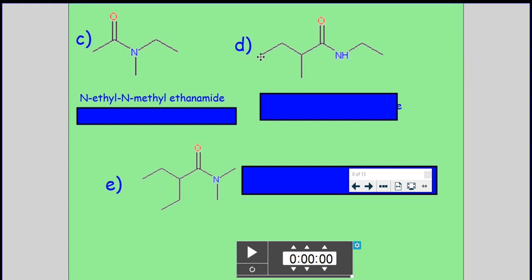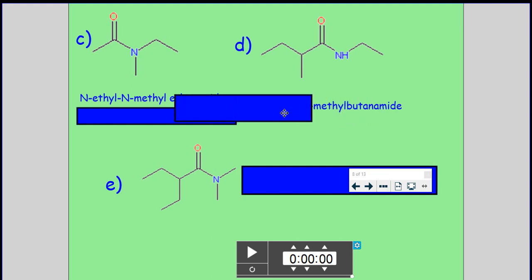Okay, so if you did pause, we can continue now. So 1, 2, 3, 4, butanoic acid, but off the second carbon we have a methyl group, so name it exactly as that: 2-methylbutanoic acid. Don't change the root name, just change the ending. Take out the oic acid just as the pattern goes. You're going to add amide.